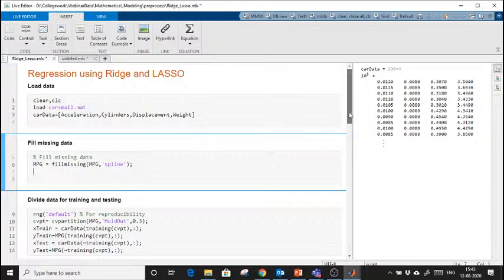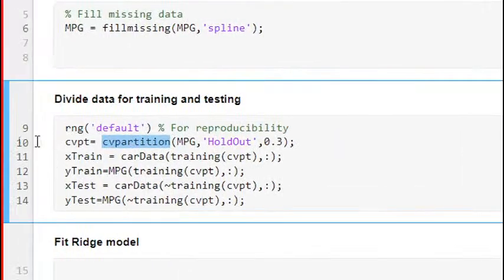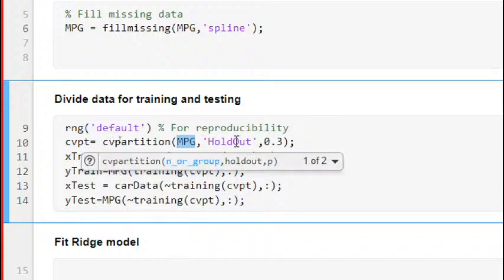Now I am going to divide my data for training and testing, because when you apply Lasso or Ridge, you have to test on new data. Here you see we use cvpartition for dividing the data for training and testing. I am dividing the mileage with holdout 0.3.